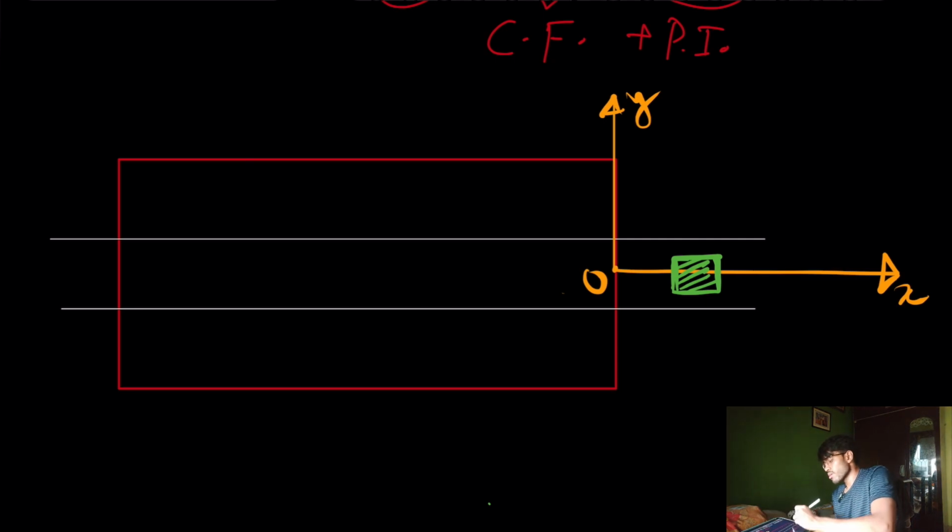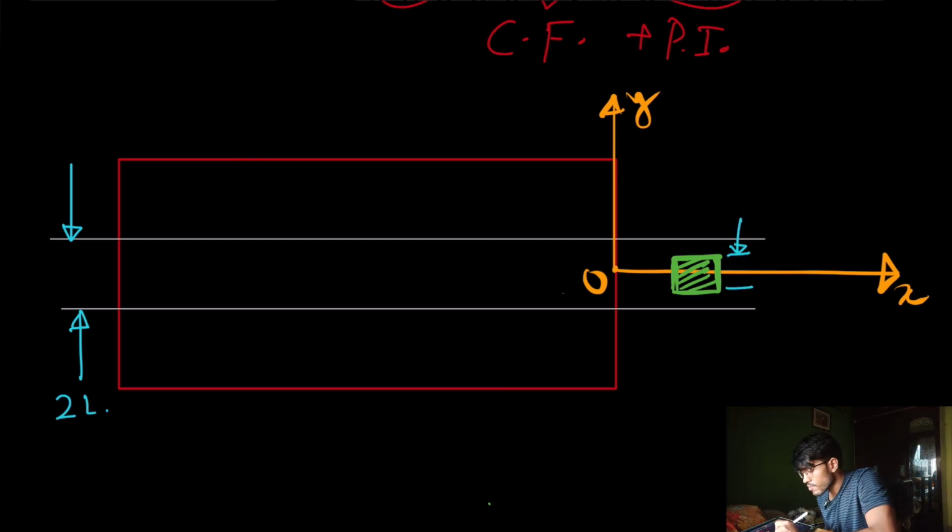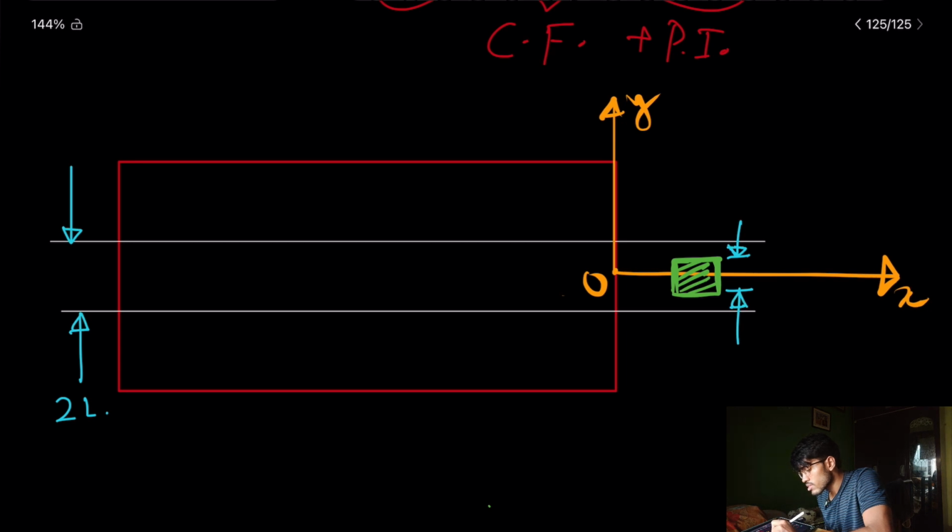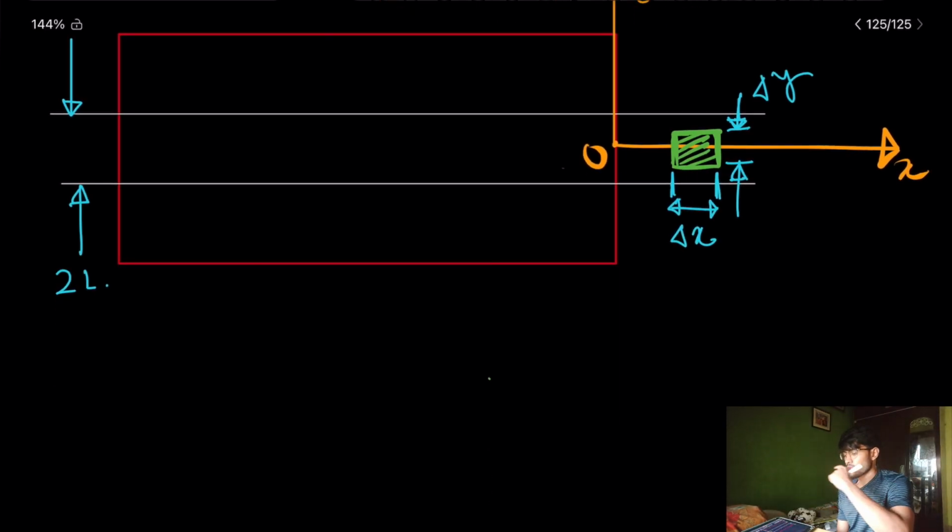By the way, in the problem it is given that my plate thickness is 12, but now this is my delta y and this is my delta x and this is the control volume. Because I have to take care of the temperature variation in the y direction also, that is why I have considered this type of control volume. Now I will zoom it.